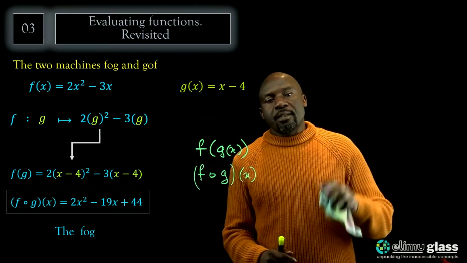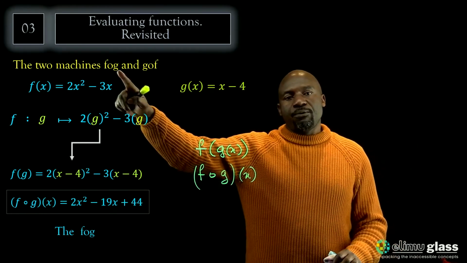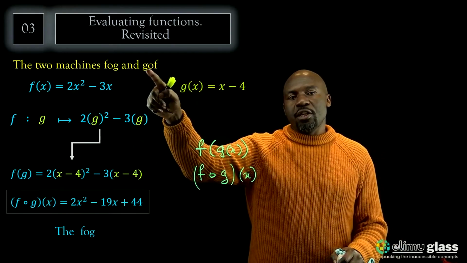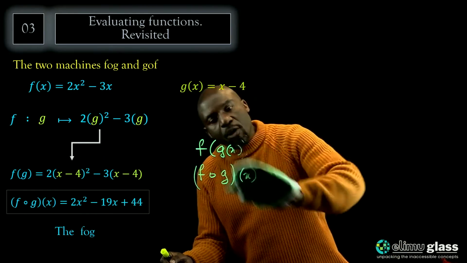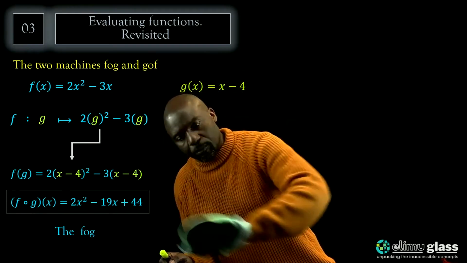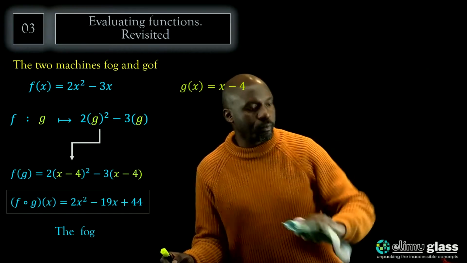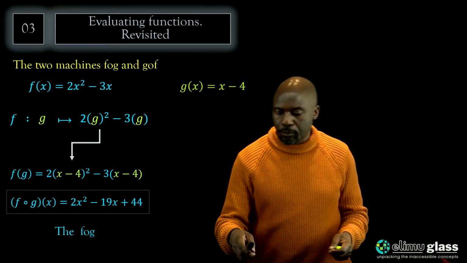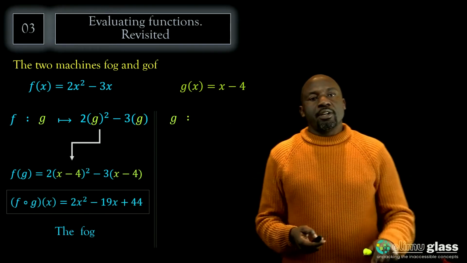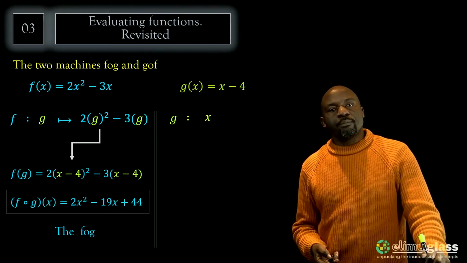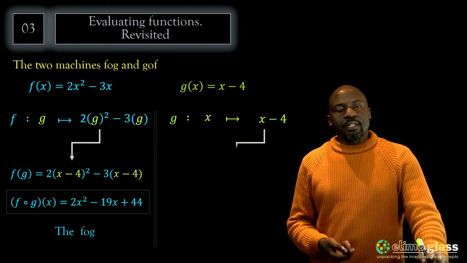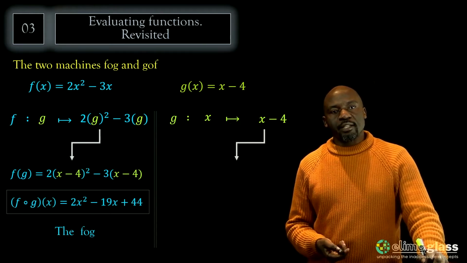So that's what we refer to as the fog. On the other hand, if we are feeding f in g, like we're going to see here, then we call it the gof. Let's just take a look. On this other side, g is such that x maps onto x minus 4. So g of x is x minus 4.